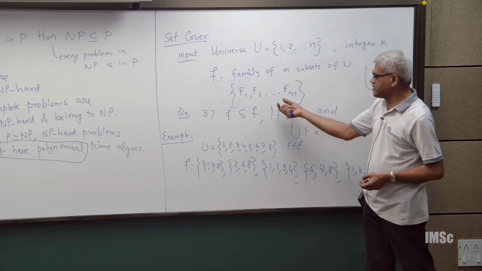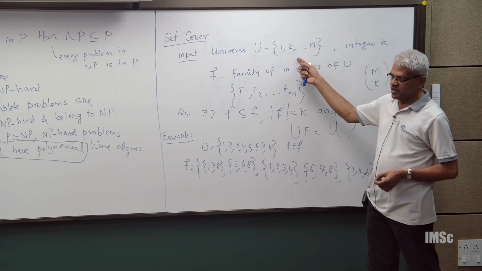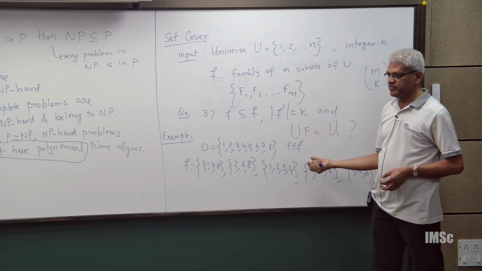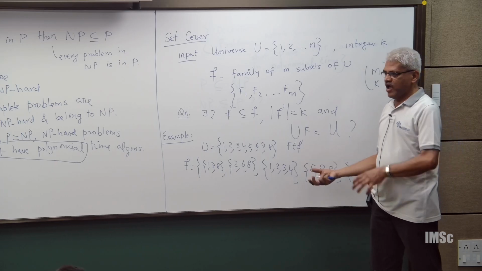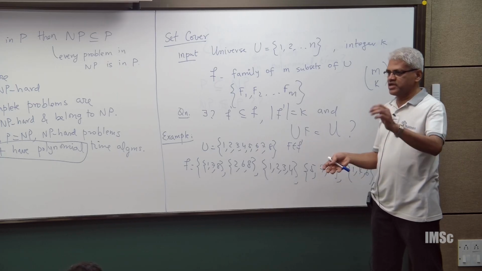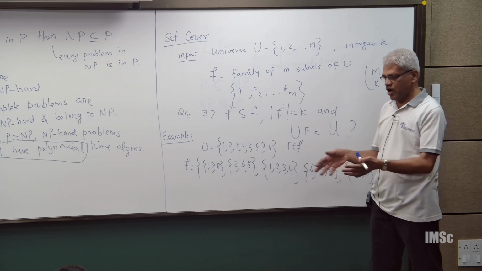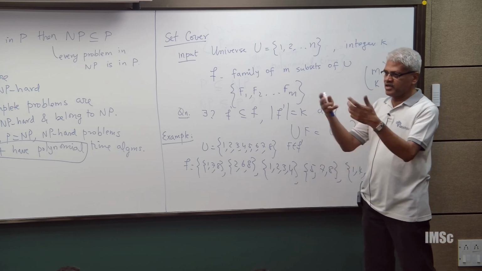We want to pick some subsets to cover our universe. So, what is a natural set to pick? Pick the set which has the largest number of elements, add it to your solution, and then some things are already covered, so out of the remaining pick the set that covers the largest number, and keep doing that.